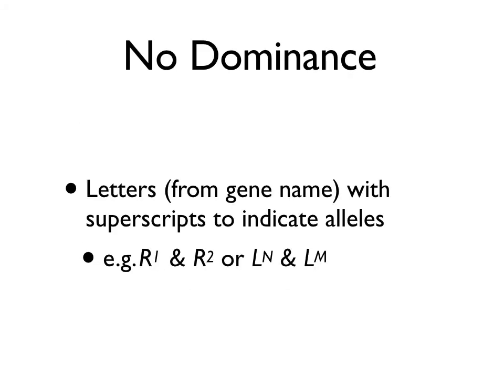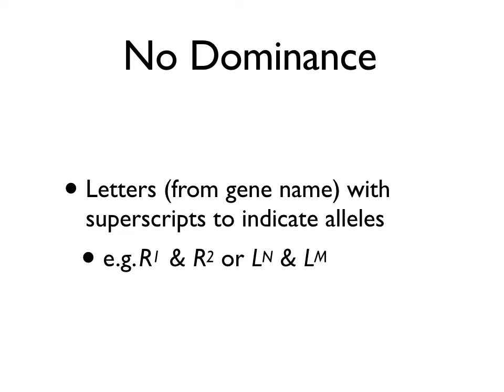So there are some instances where the alleles that exist within a population do not have a simple dominant recessive relationship to one another. In this case, the letters from the gene name might be indicated and followed by some superscript that simply denotes the different alleles. So for gene R here, there might be two alleles, R1 and R2. Or gene L, there's LN and LM.